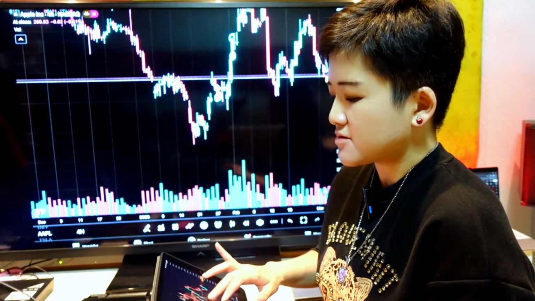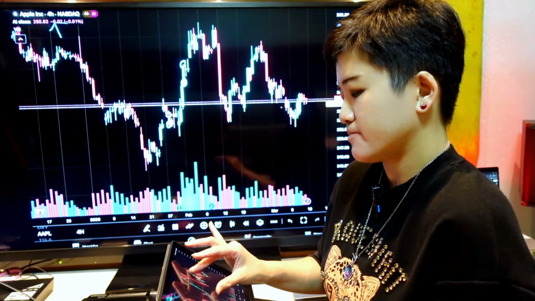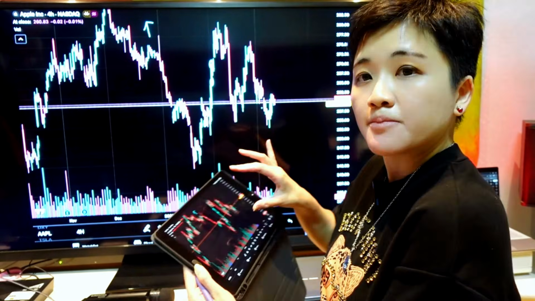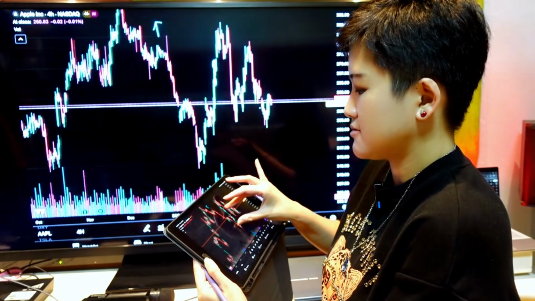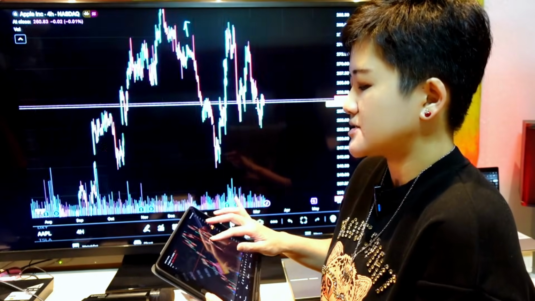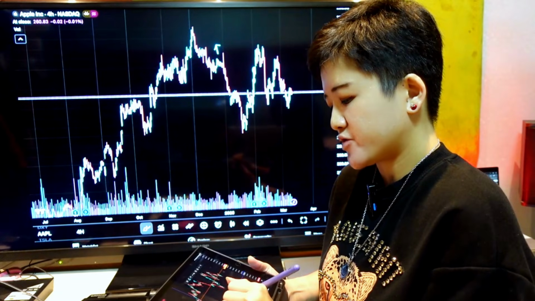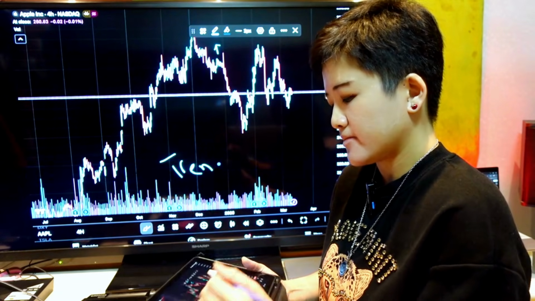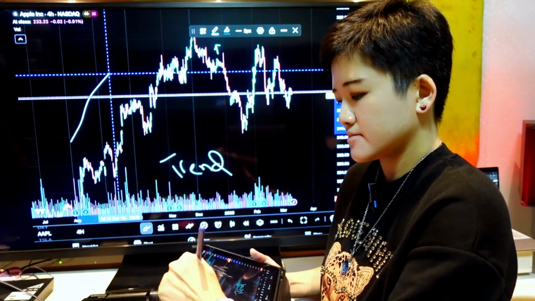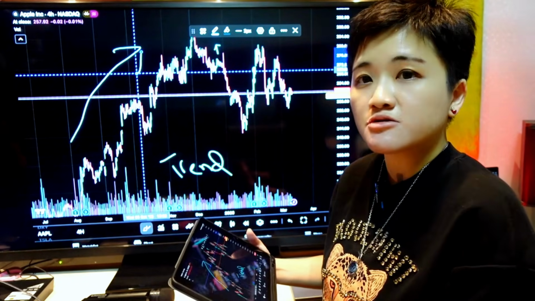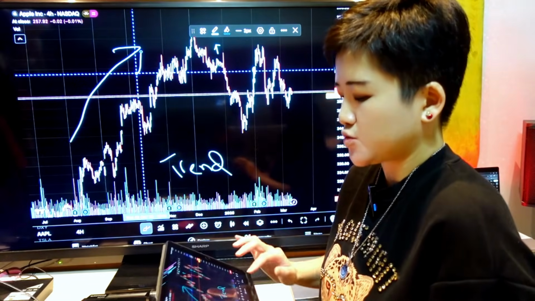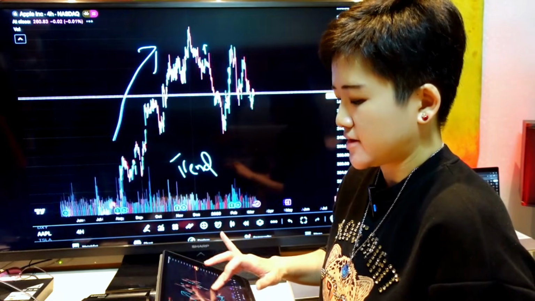The other thing you gotta take note of is the big picture. So you pinch out like this, and then you can see the overall trend. This is what we call the trend. When a trend goes up like this, this is what we call a bullish trend.